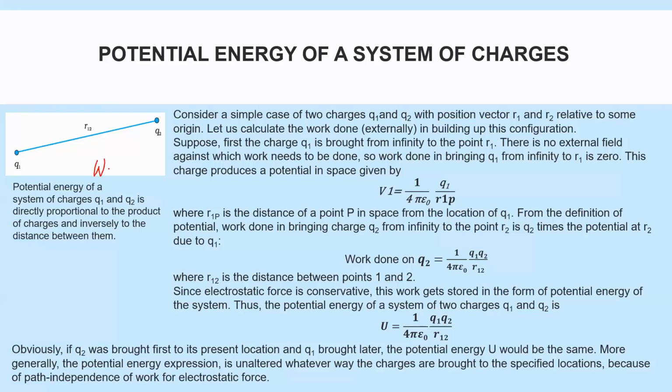If you remember, the work for bringing a charge from infinity to, say, point P is just equal to the potential at the point where the charge is being brought. So the potential produced when you bring the charge Q1 to this point from infinity is given by the normal equation that we have seen, V equals 1 by 4 pi epsilon 0 Q1 upon R1P.